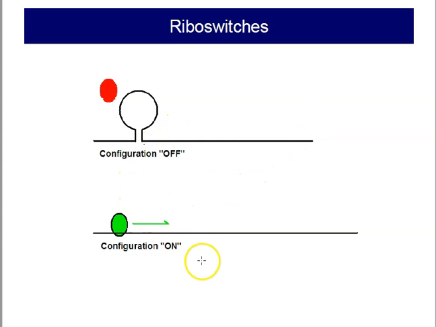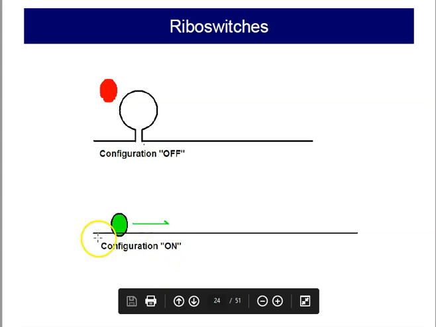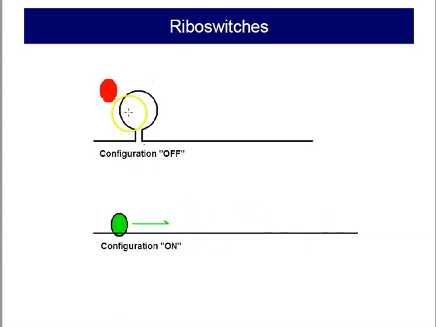However, when this configuration is resolved, so you have no more secondary structure, the protein is translated from this particular ribosome binding point. So you'll have the ribosome binding to the mRNA, and you'll have the translation of this protein. Now this particular configuration can be regulated by both temperature or by other biomolecules.